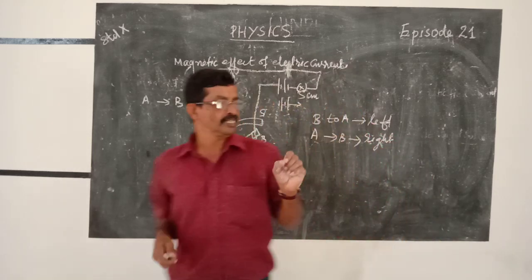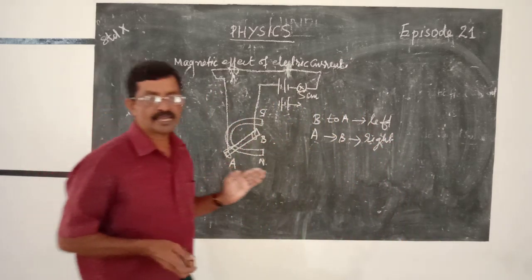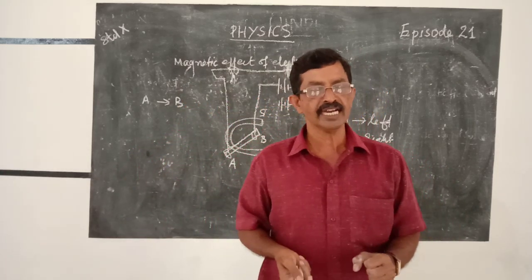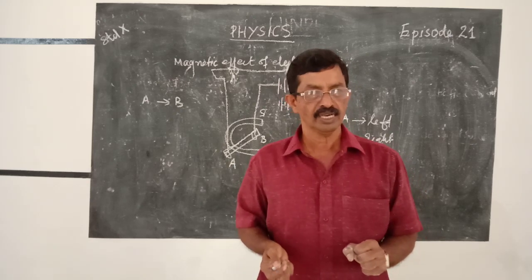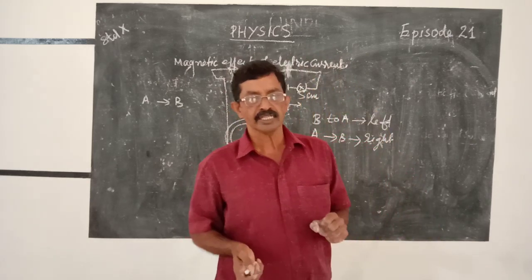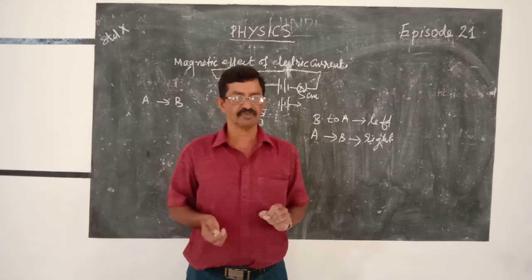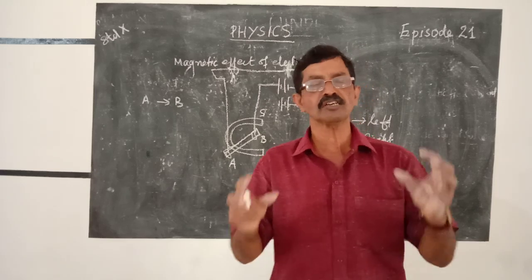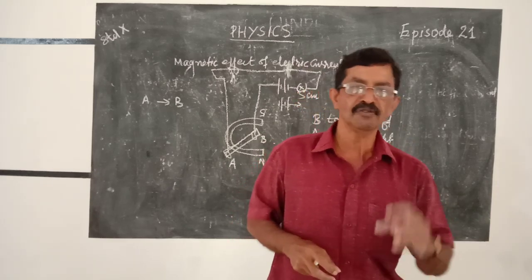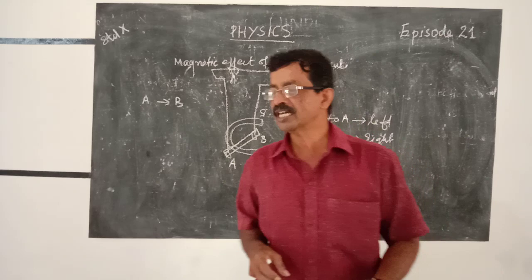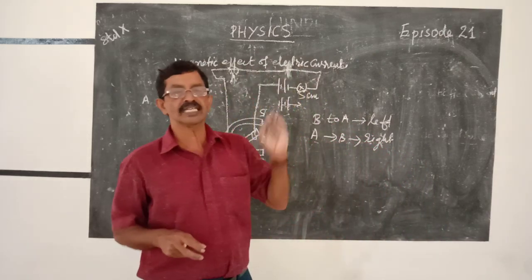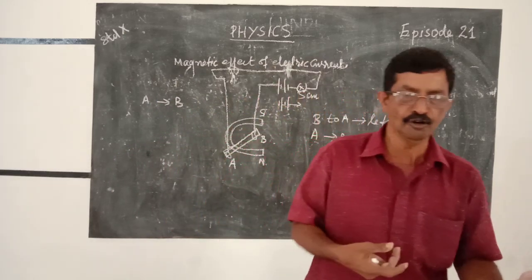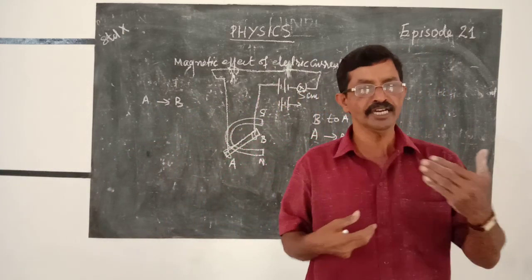Okay children, we discussed today about the nature of the magnetic field in a current carrying circular loop, and the magnetic field at its center. If that circular loop contains n turns, then what happens to the magnetic field of it? That means it becomes n times. Then we discussed the solenoid. What is a solenoid?